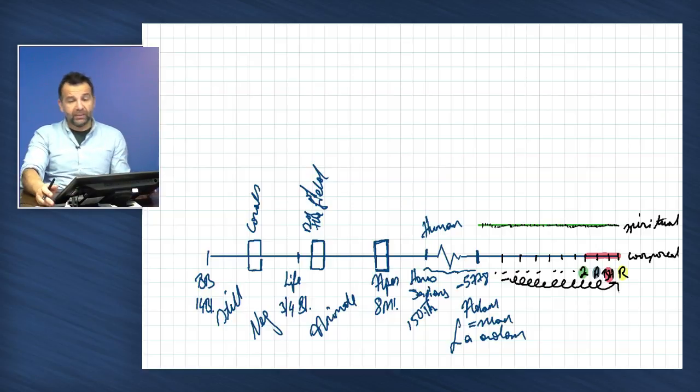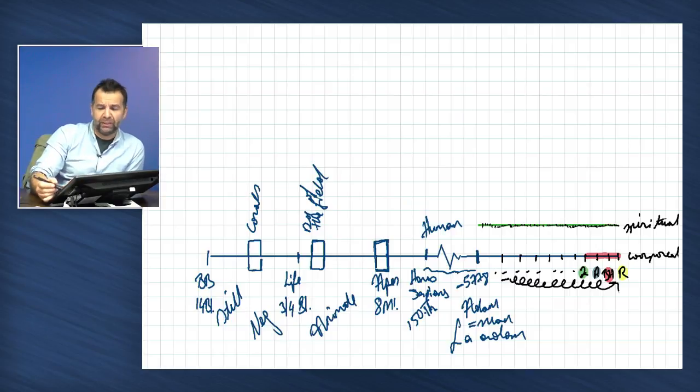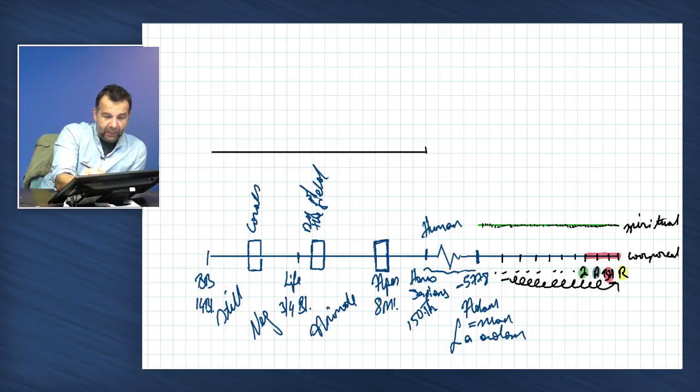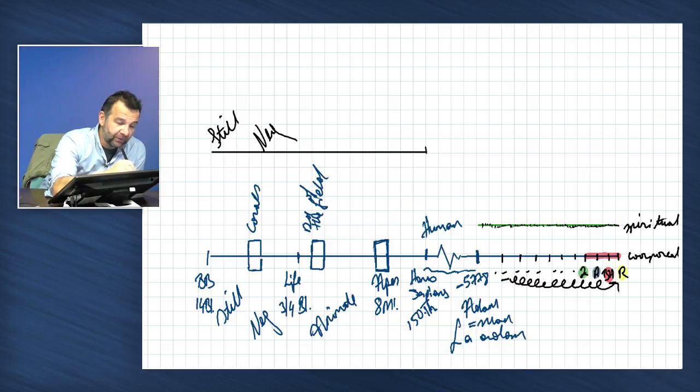Now the whole process, this development, is really interesting, because up to Adam, what happened was we developed the still, and then once the still finished completely, we developed the vegetative.